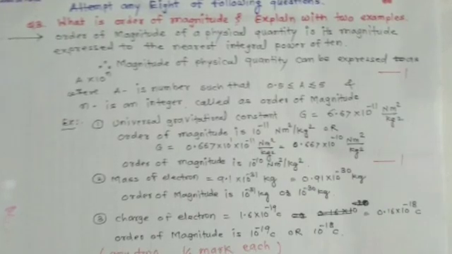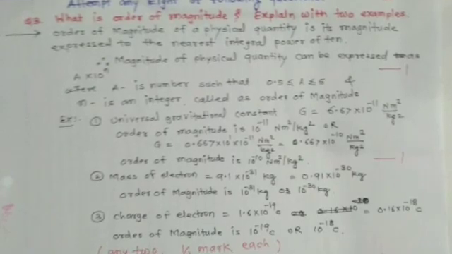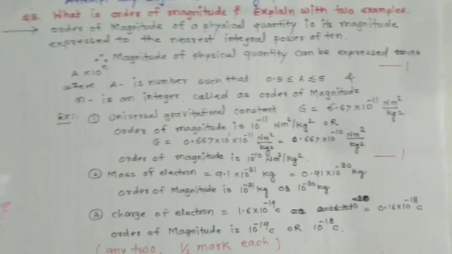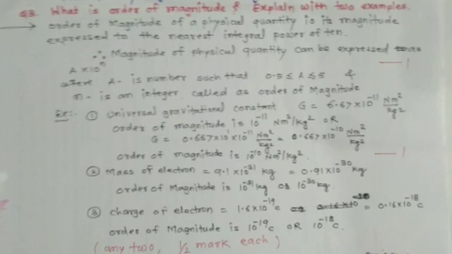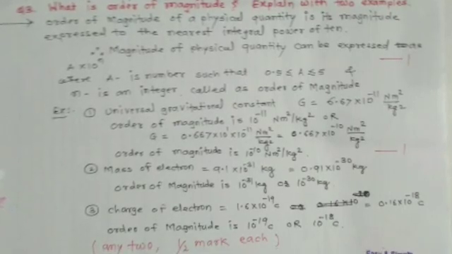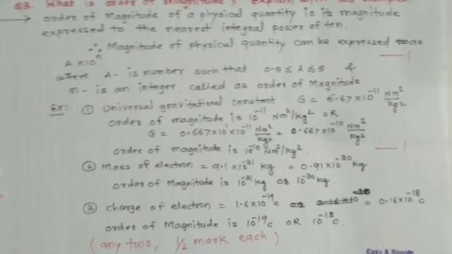Example number 1. Universal gravitational constant G is equal to 6.67 × 10^-11 N m²/kg², so the order of magnitude is 10^-11 N m²/kg².